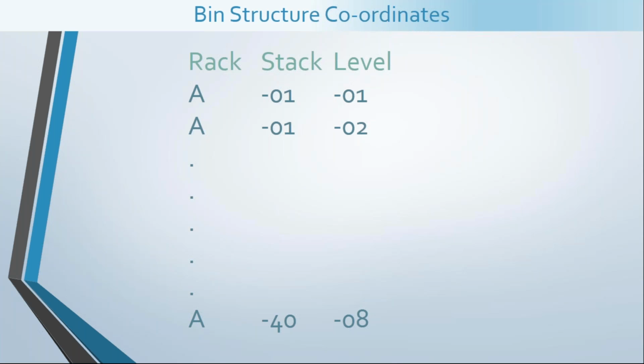The first part represents the rack, then there is a hyphen, the next 2 digits represent the stack in that particular rack, then a hyphen as a separator, and the last 2 digits represent the level. With this, we can reach the bin using its coordinates in a very precise manner. So we will be using this structure for this example.